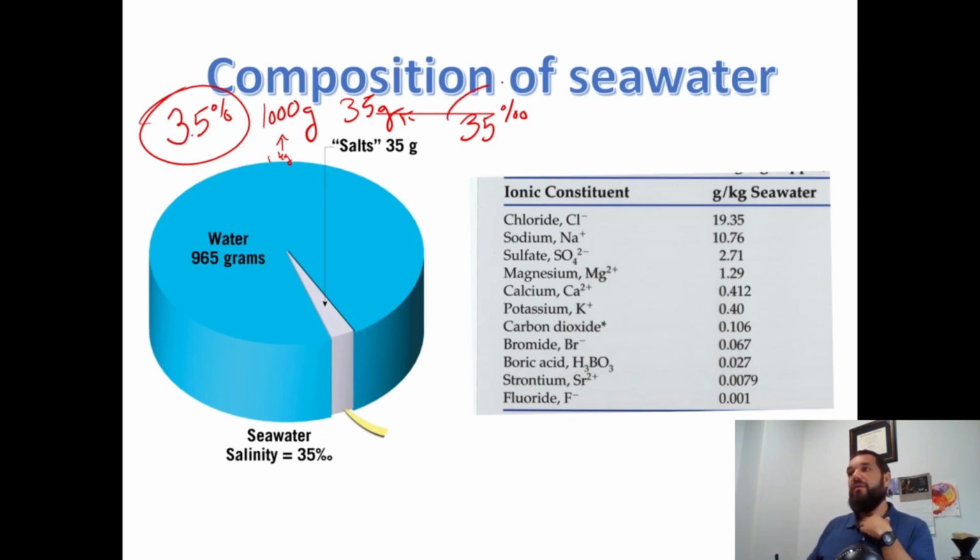So another way of saying the amount of salt in the ocean water is 35 per mil. Another way of saying it is 3.5%. Another way of saying it is 35 grams per kg, or per 1,000 grams of ocean water. So that's the average amount of salt in the ocean, and you should know all three of those ways of expressing it.